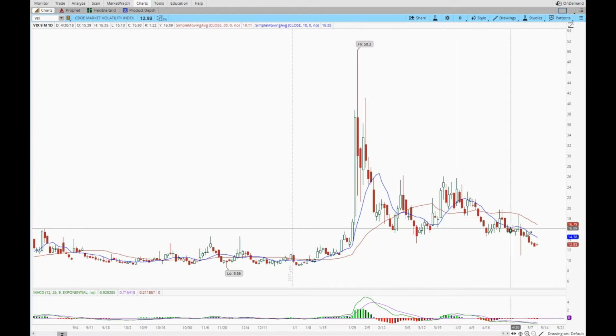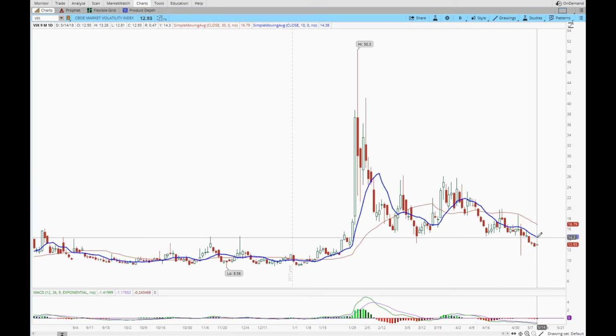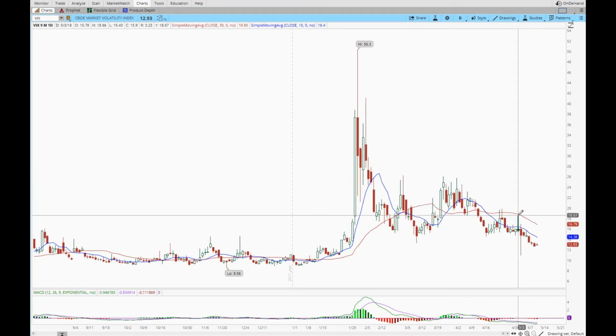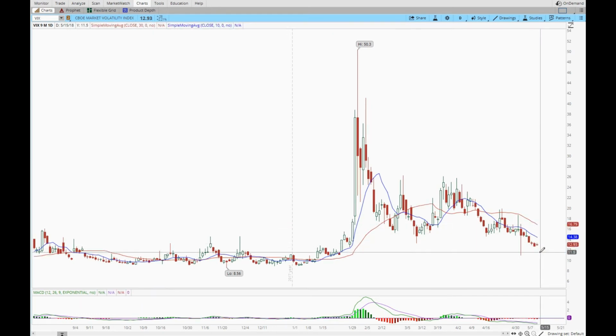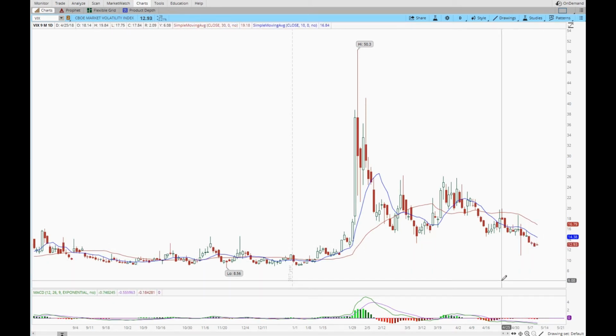But the trend is that it's going down. It could go up to touch this level here, on the 10-day moving average, or even go to this one, to the 30. But most likely it's going to continue. Probably it's going to move sideways and then go down a little bit.